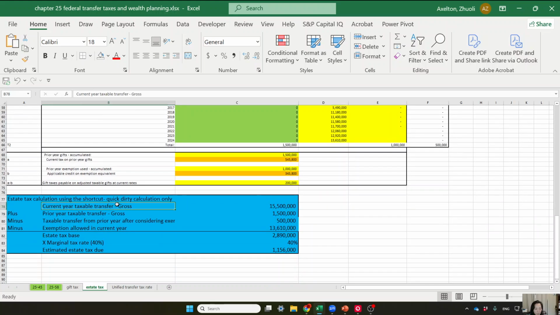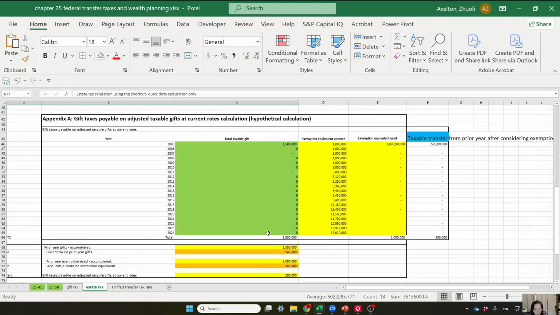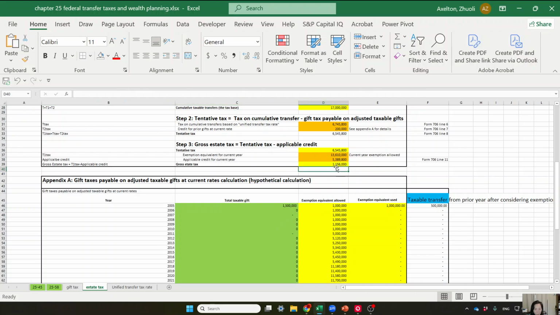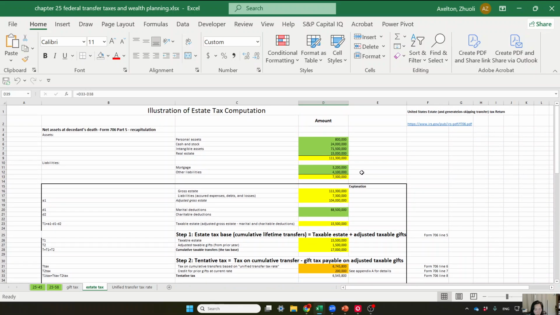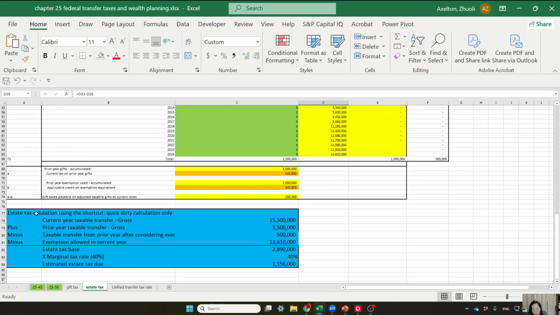There's also a quick and dirty calculation down below. You will see this is a slightly different calculation, but it comes up with the same answer as the gross estate tax from the detailed calculation here. What that means is this quick and dirty calculation highlights the gist of the estate tax calculation. Really, what's happening here is we start with the current year taxable transfer, which is the gross estate, and then we add any prior year taxable transfer, which very likely is a gift transfer.